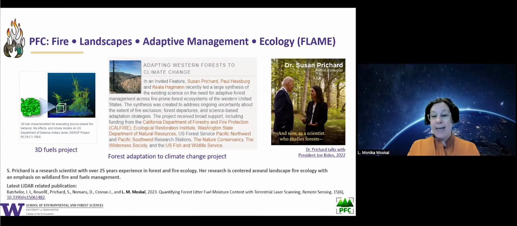Her research is centered around landscape fire ecology, and some of her work has been utilizing LiDAR, specifically terrestrial LiDAR, with my student, Jonathan Batchelor, looking at forest fuel moisture and forest fuels to really start to understand how the litter within the forest and other types of biomass and carbon within a forest can be collected and quantified with LiDAR data.